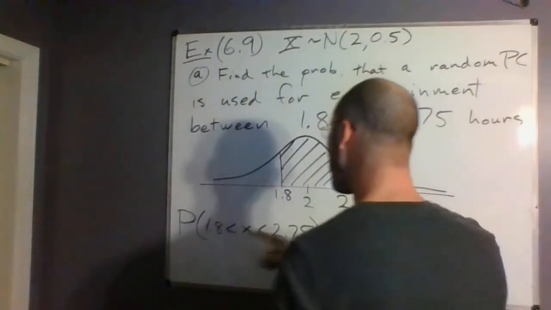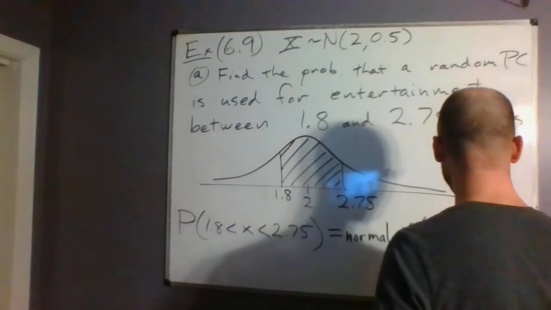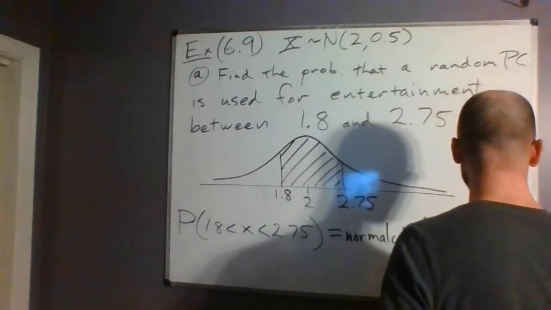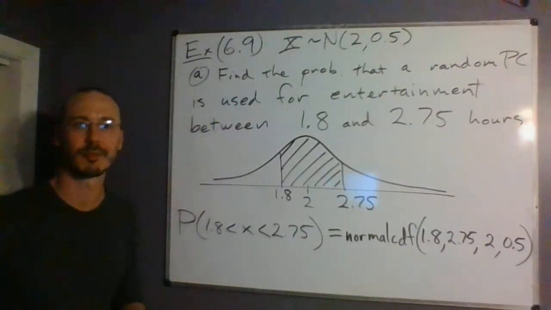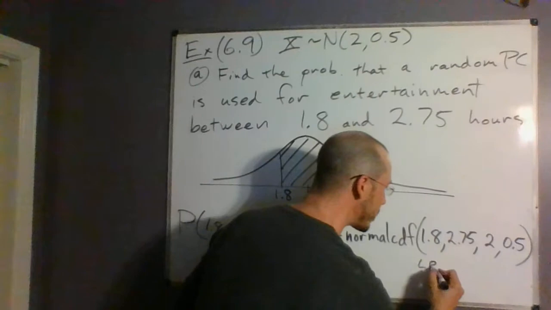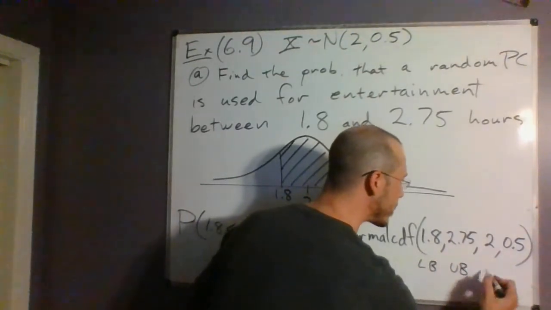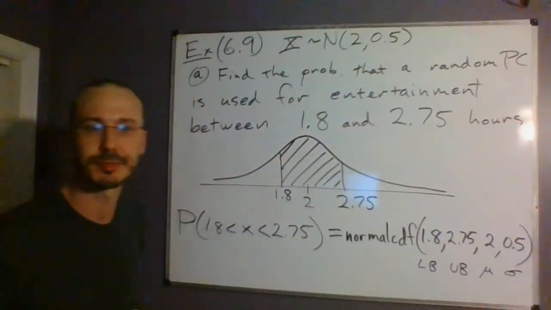I need my lower bound of 1.8, my upper bound of 2.75, my mean of 2, and my standard deviation of 0.5. So those are the 4 inputs. Remember: lower bound, upper bound, mu, and sigma.